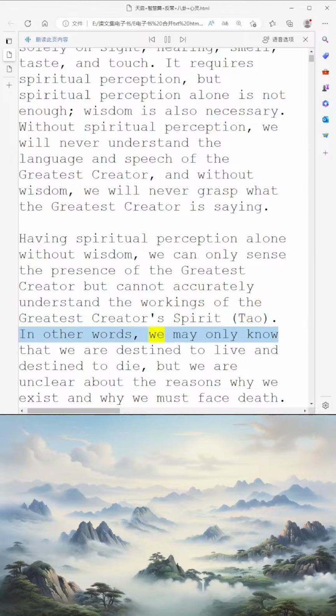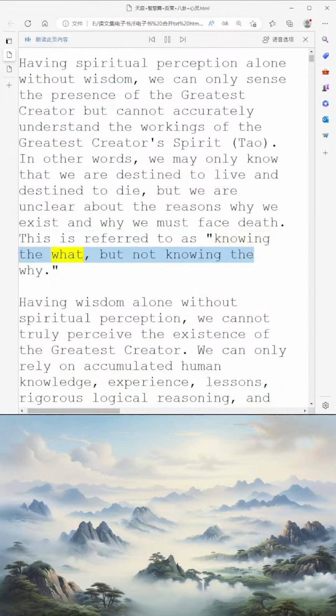In other words, we may only know that we are destined to live and destined to die, but we are unclear about the reasons why we exist and why we must face death. This is referred to as knowing the what, but not knowing the why. Having wisdom alone without spiritual perception, we cannot truly perceive the existence of the greatest creator.